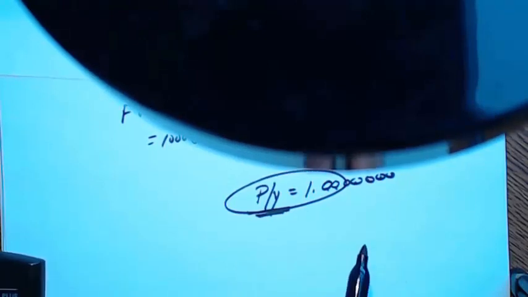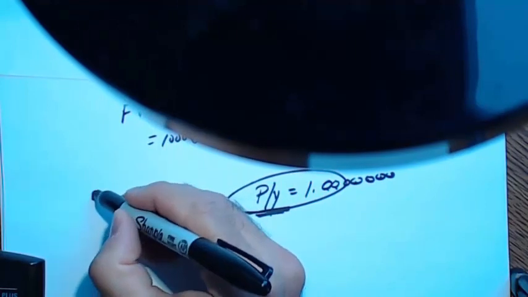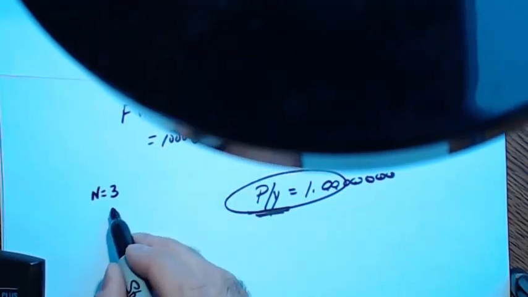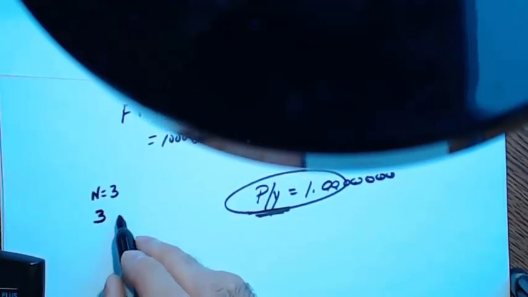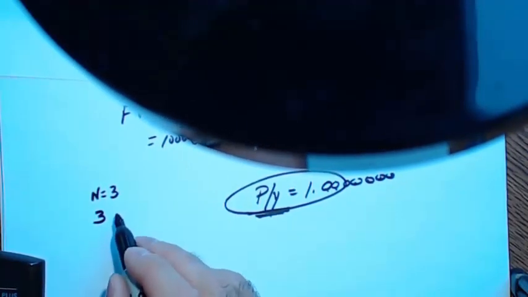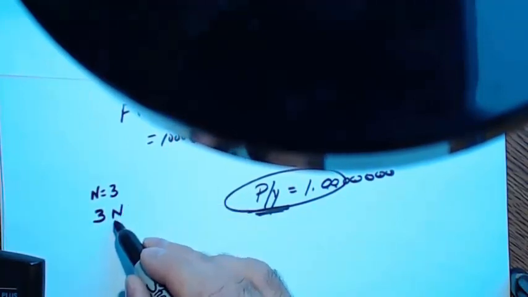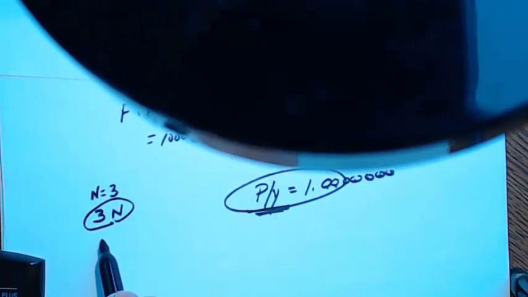Now you're ready to begin this calculator exercise. We want N equals 3. You actually have to do it backwards in some cases, and you'll have to fiddle with your calculator till you get comfortable. You hit 3, and then you hit N, and that's sufficient to get it in there: 3 N means N equals 3.